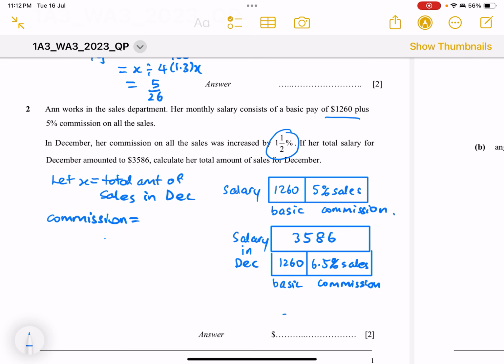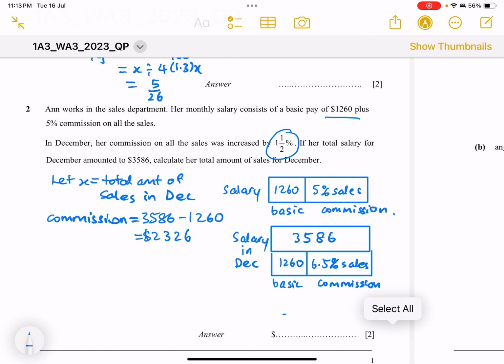So her commission will be 3,586 minus away her basic, which gives us 2,326. And this 2,326 is 6.5% of her sale.